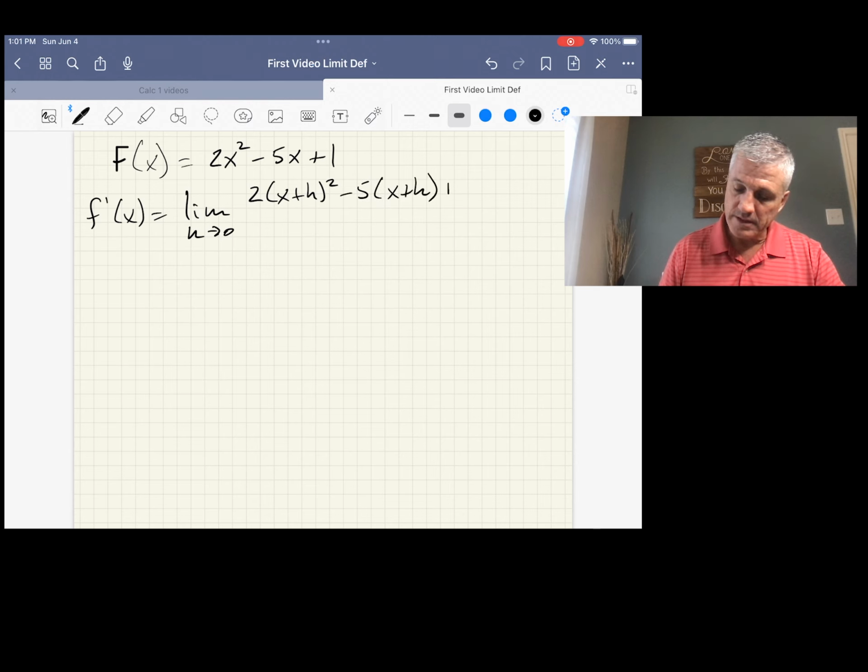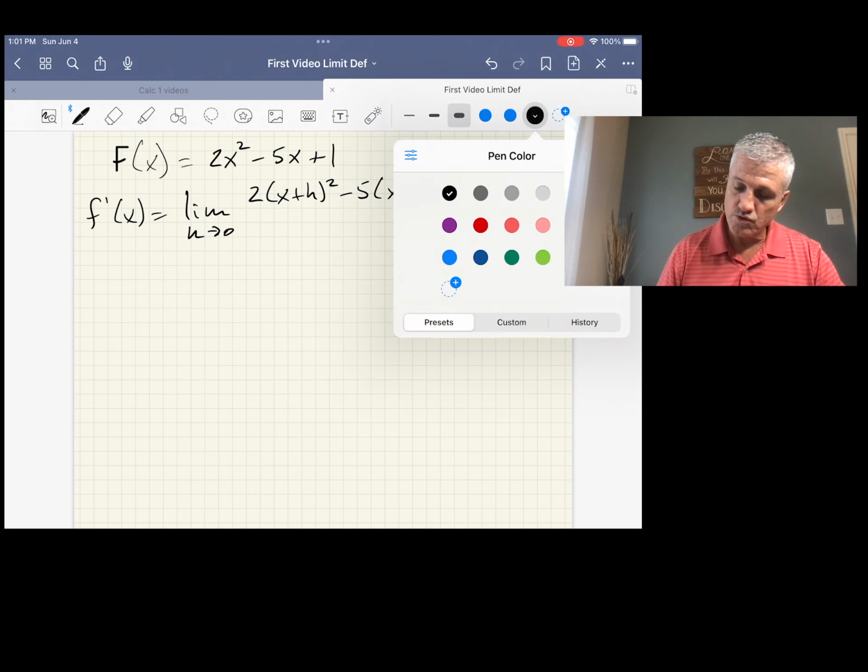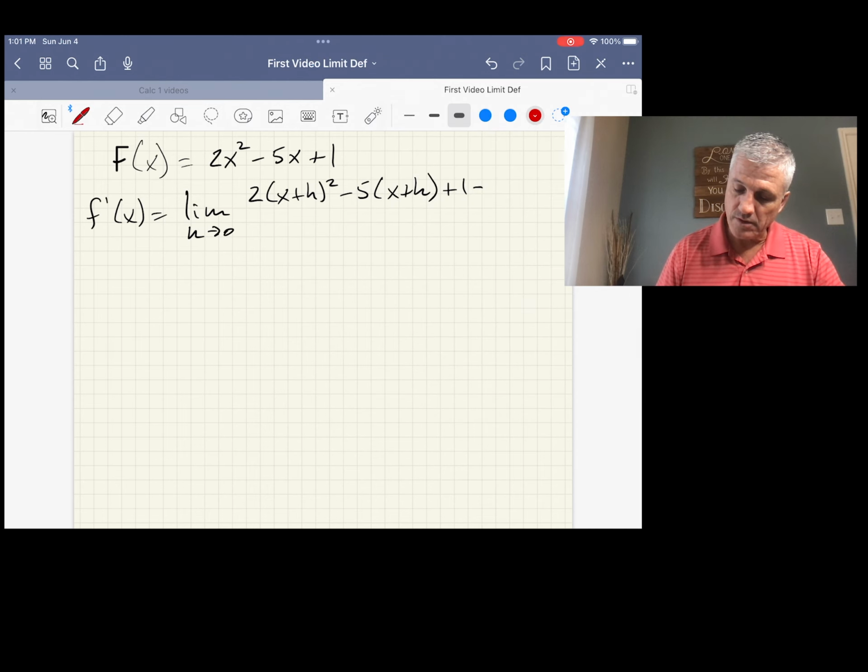And remember, at this point, we want to make sure that we use parentheses here, or a bracket if you want, and then we're going to put in the function. And that's important because otherwise it's really easy to forget to multiply it all by a negative. Okay, all over h. Okay, so that equals the limit as h goes to 0.